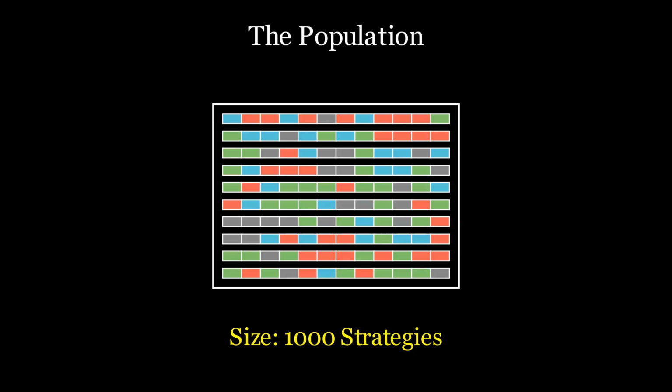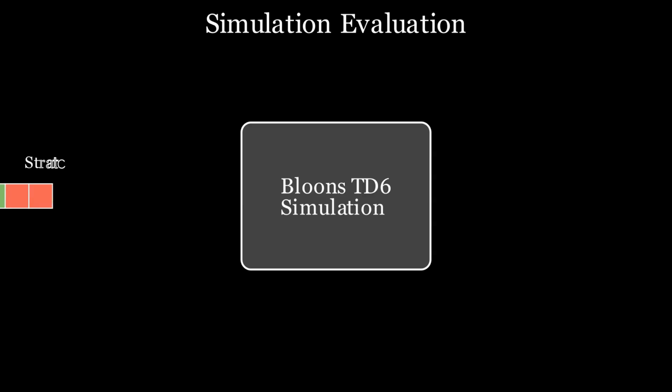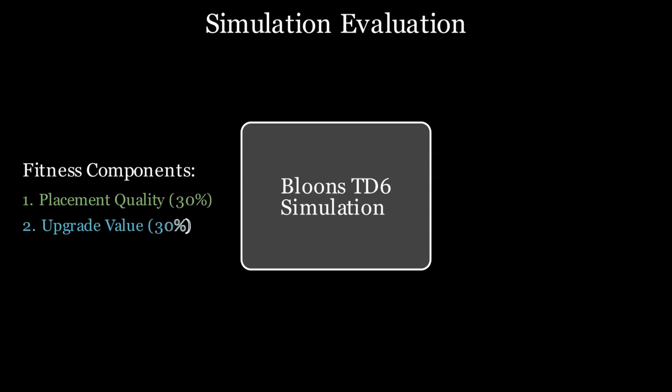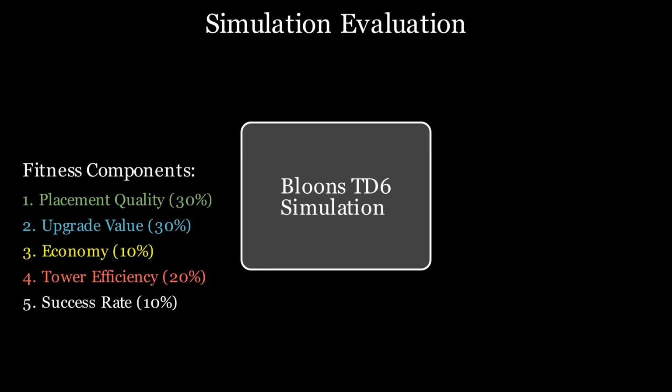Next, we need to find a way to evaluate each individual. For this, we use something called a fitness function. The fitness function is basically a mathematical formula that evaluates certain qualities of our strategy. For our purpose, we're going to look at the placement quality, so how many path pixels are within the range of the tower. The upgrade values, as different upgrade paths can give different values.